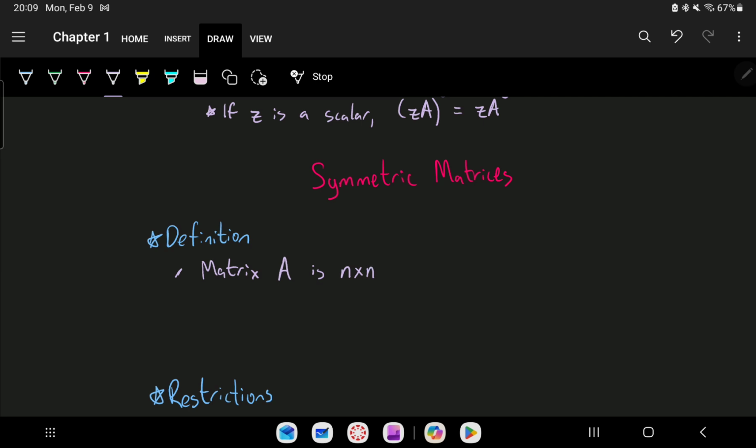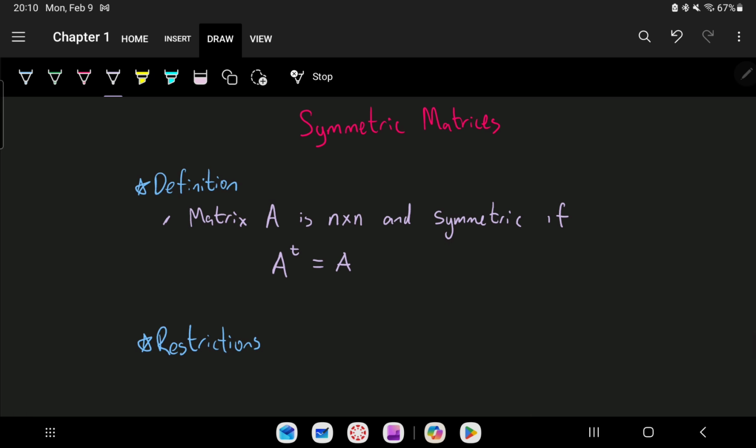It's a square matrix. The number of rows equals the number of columns. And symmetric if A transpose is equal to A, right?